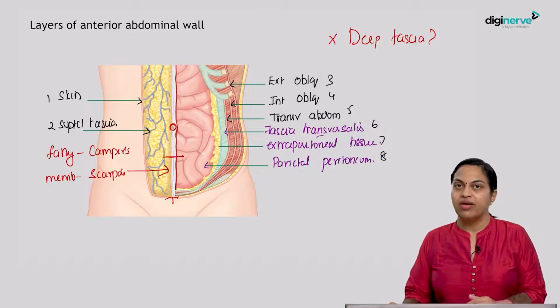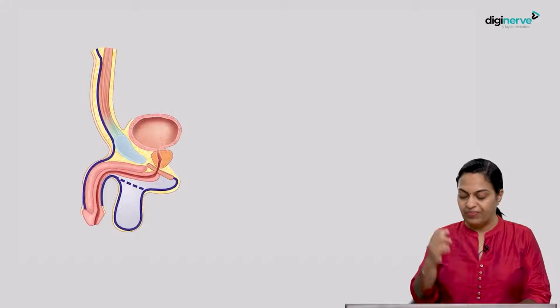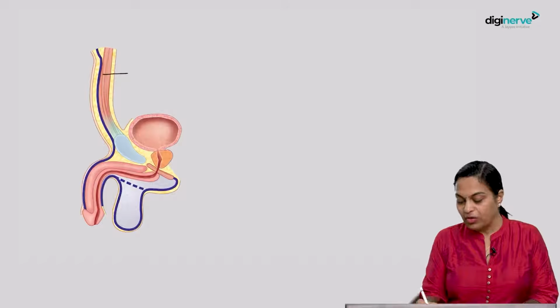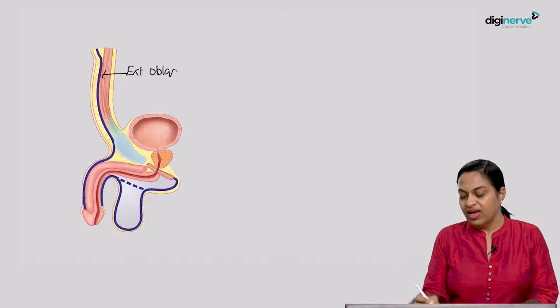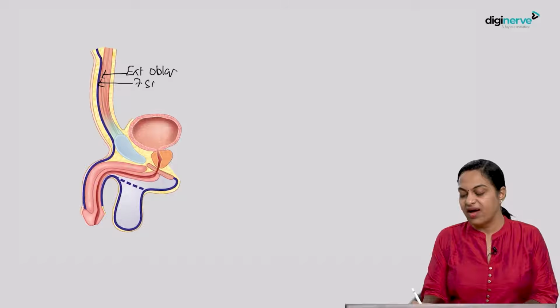This Scarpa's fascia is the membranous layer which will be replacing the deep fascia. Okay, so here can you identify? This is going to be our external oblique muscle, and just outer to it, this is the Scarpa's fascia, and outer to this, the fatty layer that you see here is the Camper's fascia.